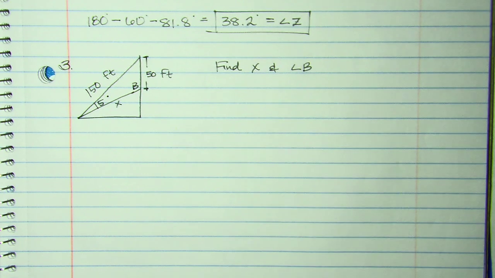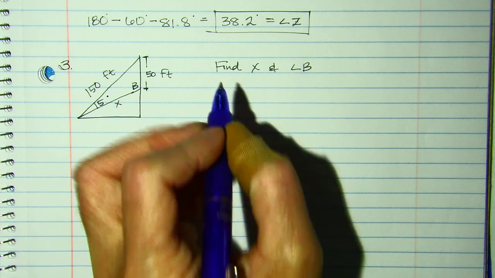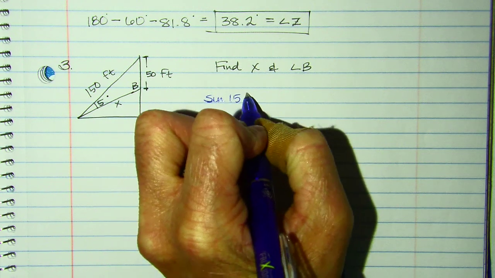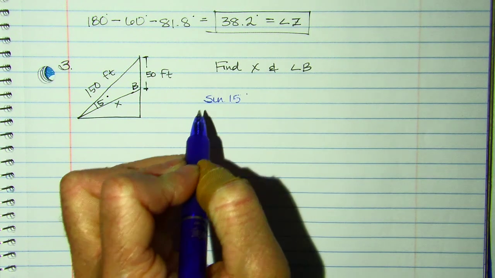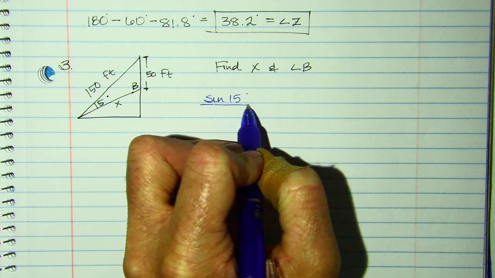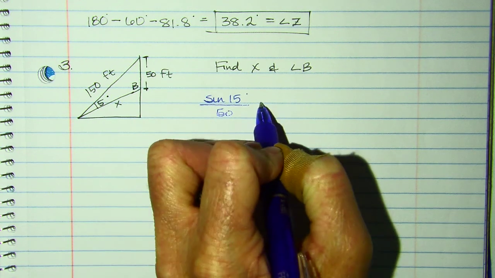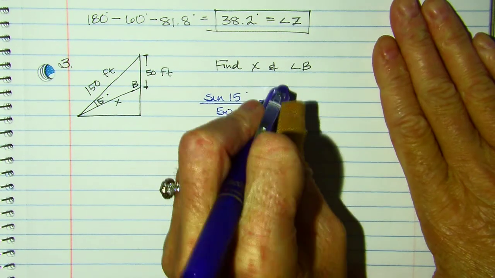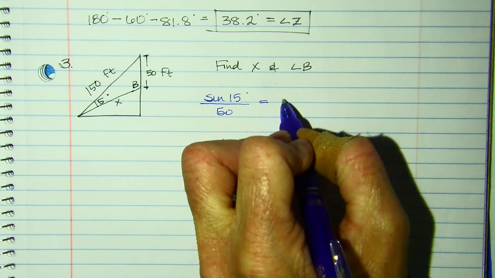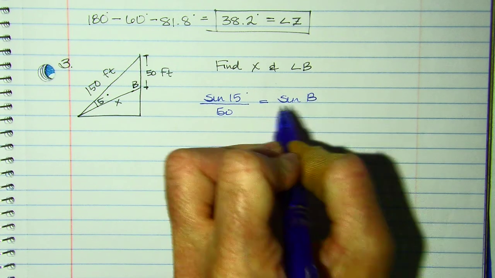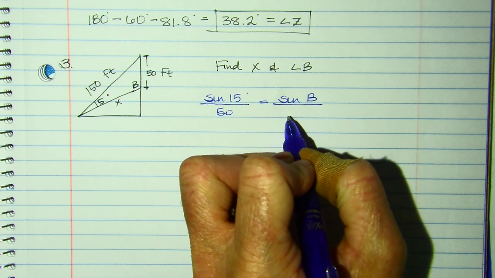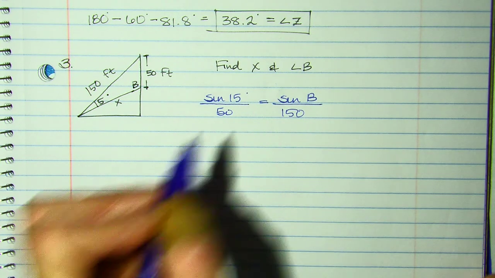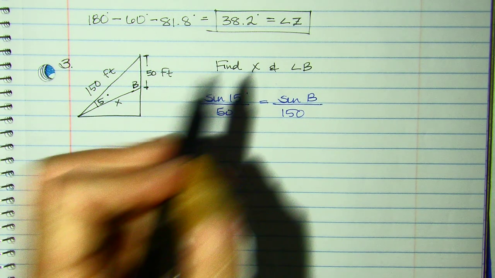All right, so first thing, I do have a known pair here, so I get to use law of sines right off the bat. So I know that the sine of 15 degrees over 50 should be equal to the sine of B over 150. So again, we're going to cross multiply.